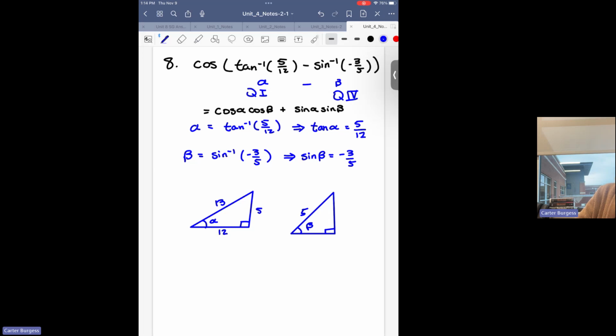Hypotenuse of 5, opposite of 3, and my adjacent side of 4. Very good. So that's all this inverse trig stuff is telling you. It's just telling you what the triangle looks like.